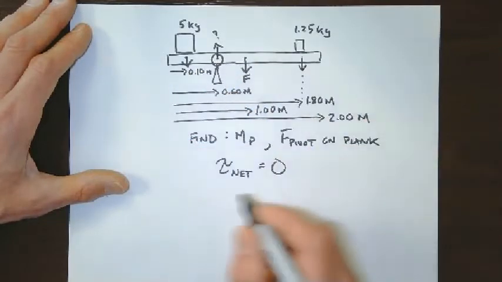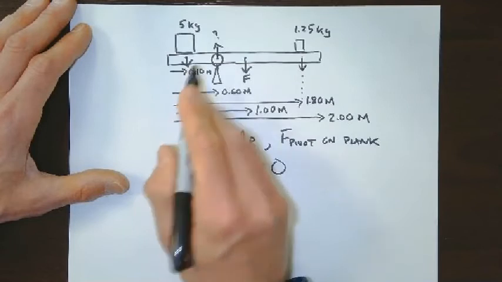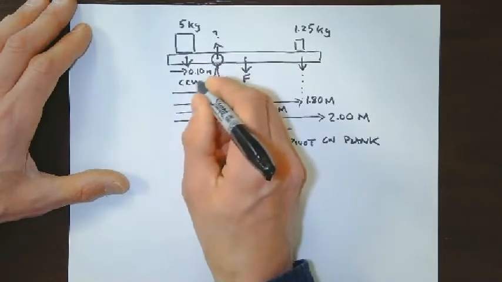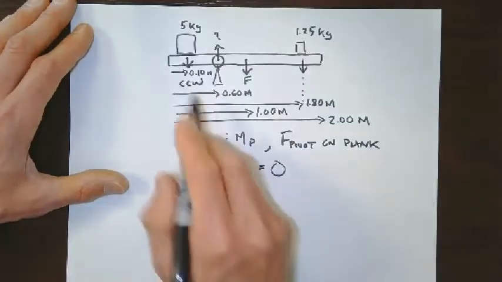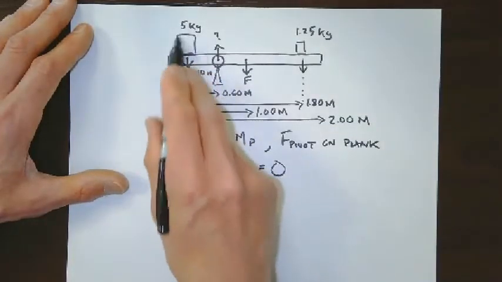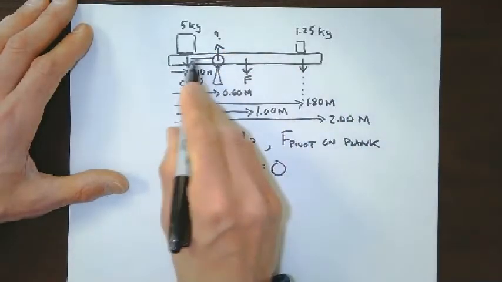Around this pivot, the downwards force on this side will create a counterclockwise torque. A counterclockwise torque is coming from this force with this lever arm.